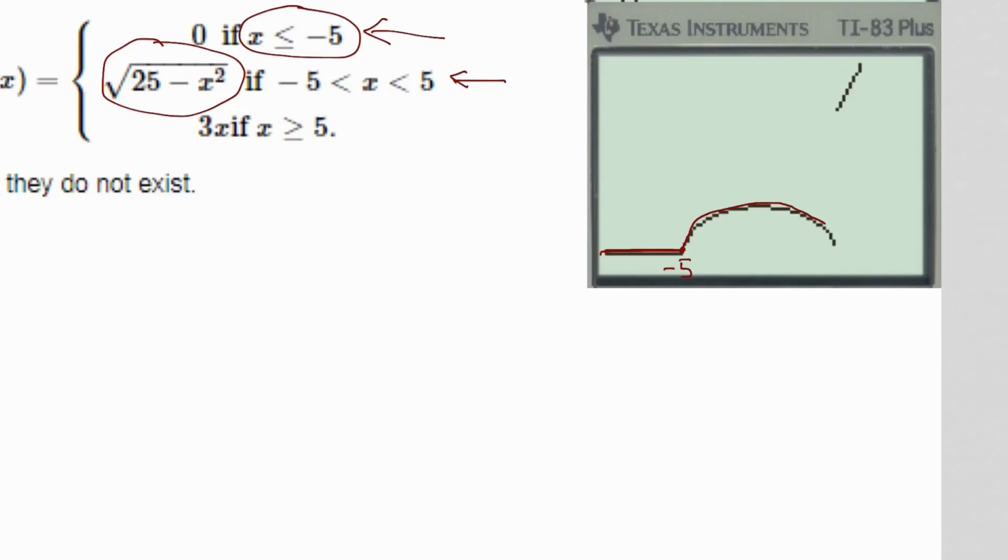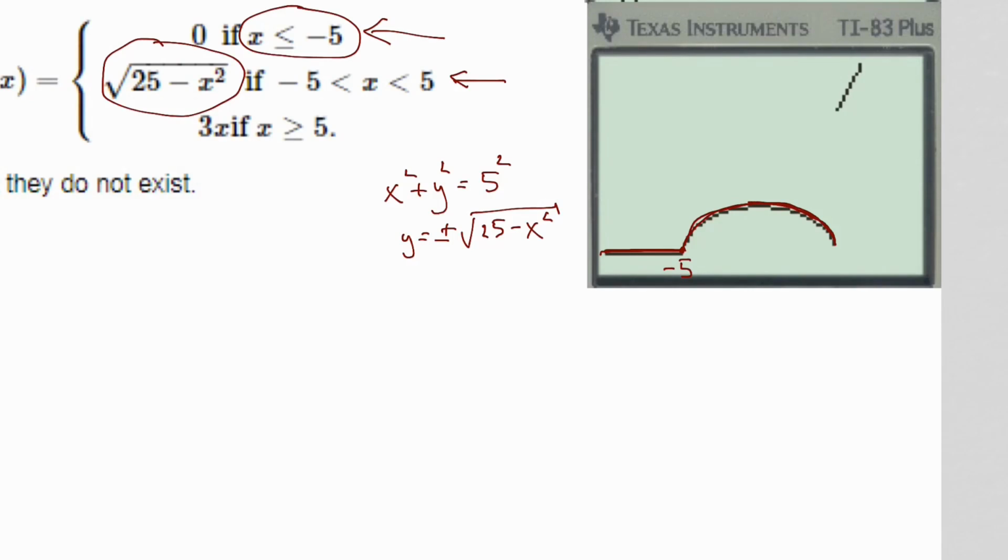That circle would be a circle centered at 0 with a radius of 5, because that circle would satisfy x squared plus y squared equal to 5 squared. So if you solve for y here, y would be equal to plus or minus the square root of 25 minus x squared, right? So the positive half of that is here.